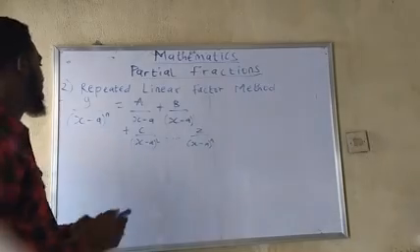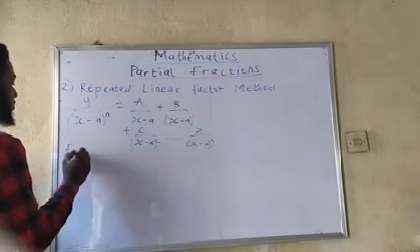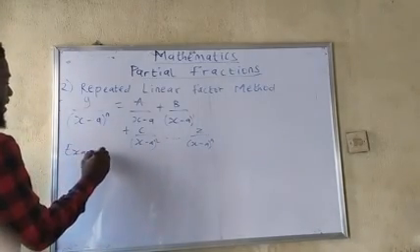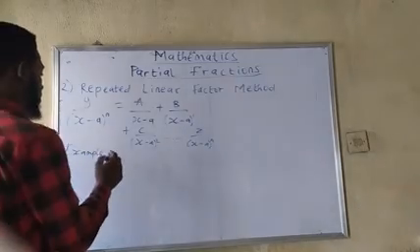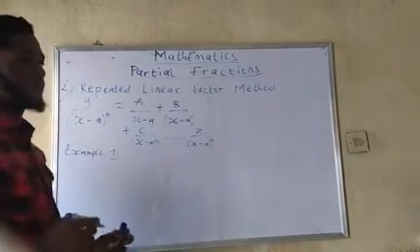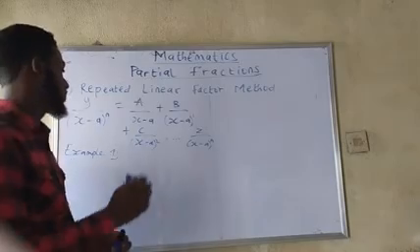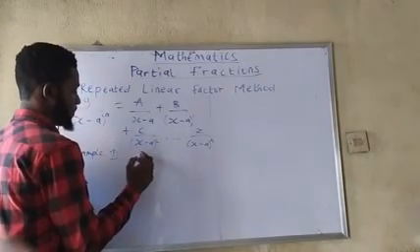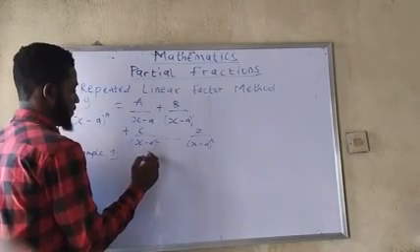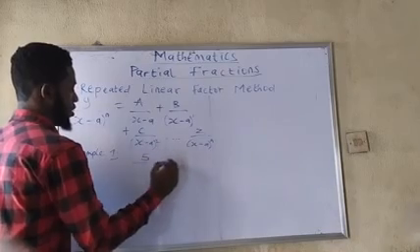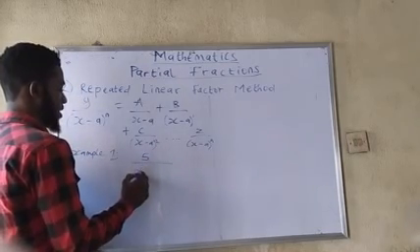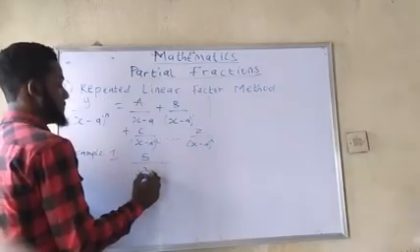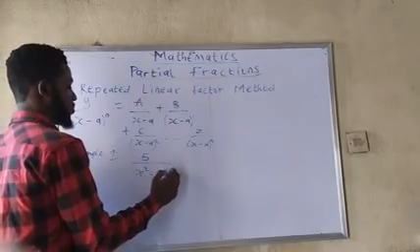Let's take an example. I'm going to draw this from my head, so it could have some inconsistencies, but I'll try to be as realistic as possible. Let's go with 5 over x squared minus 2x plus 1.